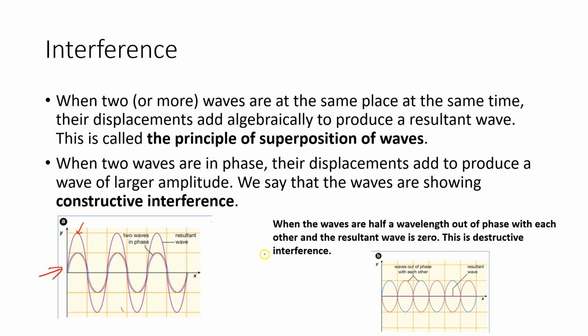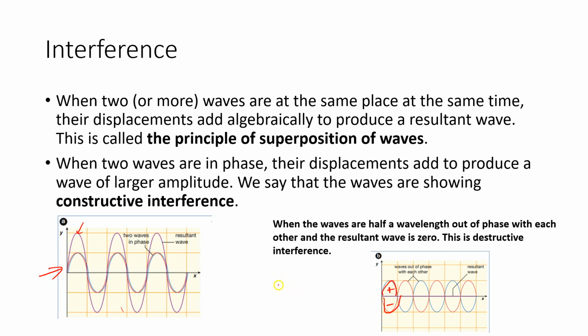Now, destructive interference is when the waves are out of phase with each other, meaning one is in the positive region and one is in the negative region. The waves are clashing against each other: this one is positive, this one is negative.